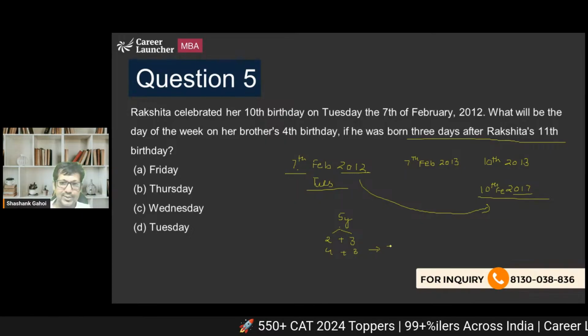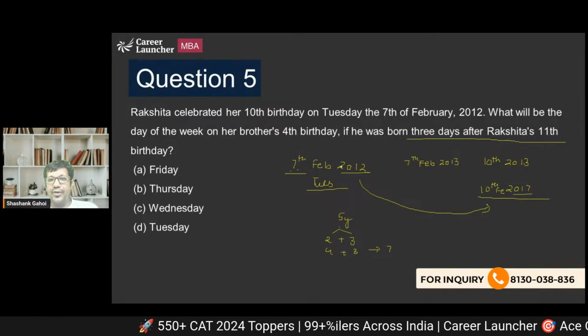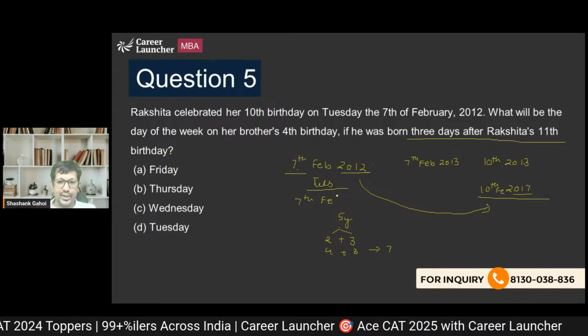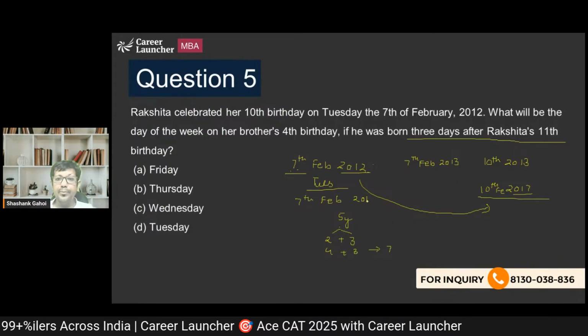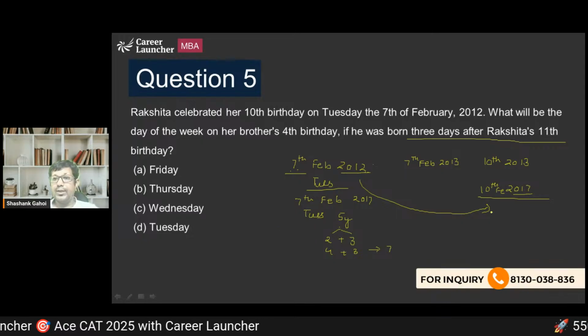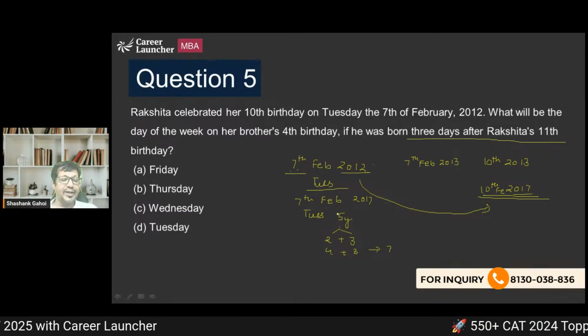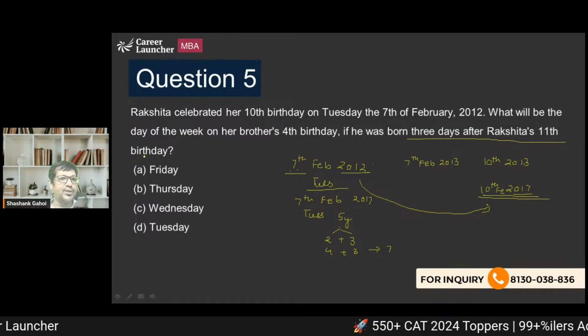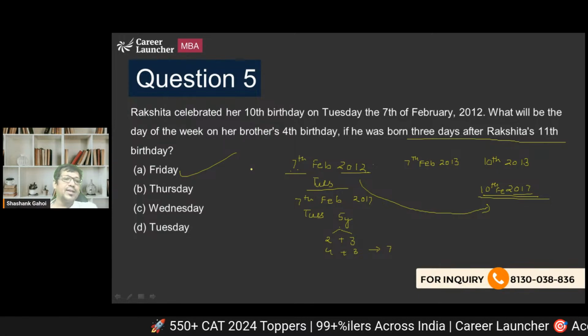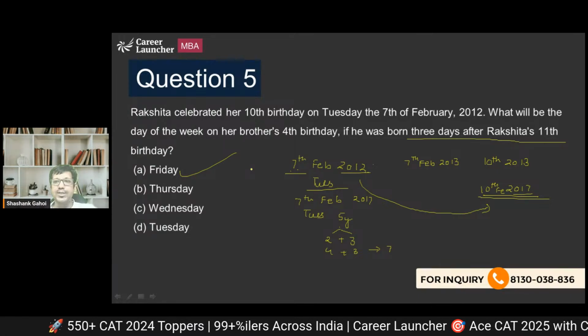I got 7 days. So from 7th Feb 2012 to 7th Feb 2017, I get 7 extra days, means it is going to be Tuesday only. Then 10th Feb means 3 days after: Wednesday, Thursday, Friday. So the answer to this question is going to be Friday. That is option A. And that's how we approach this question.